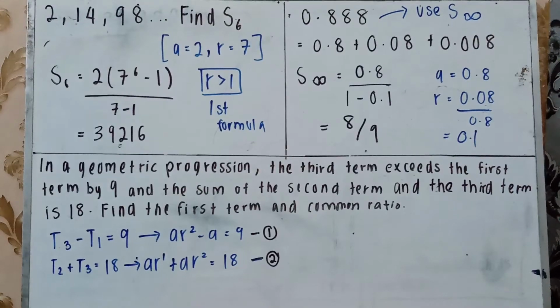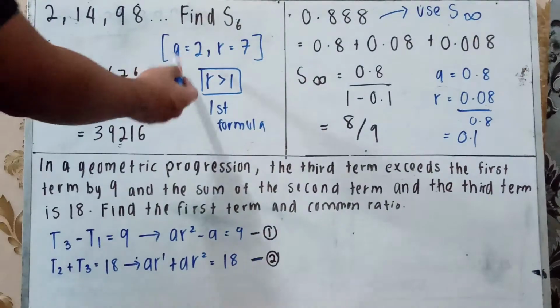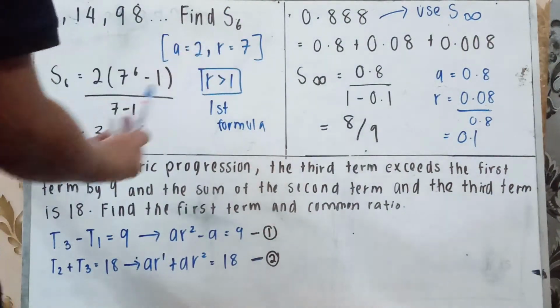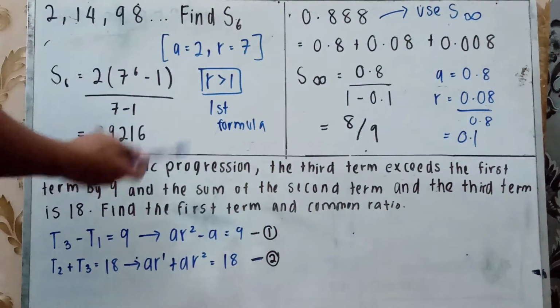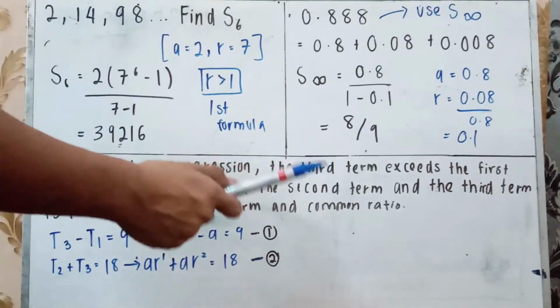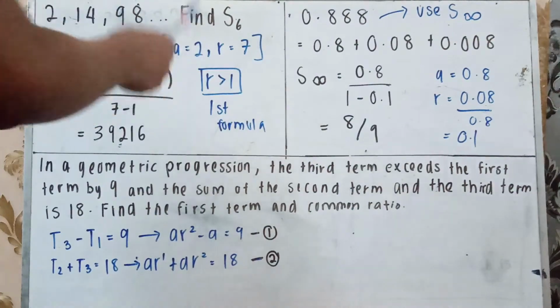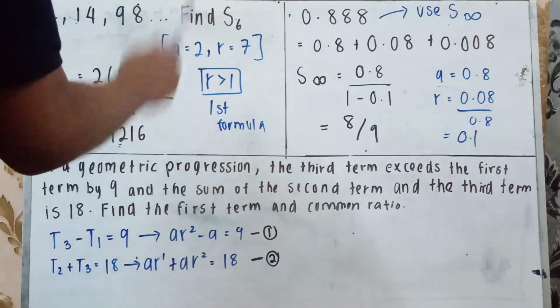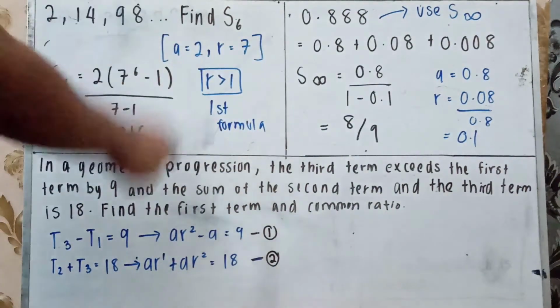Okay, for a better understanding, let's do some exercises. This question asks us to find the sum of the first 6 terms. Just like I told you just now, there are two formulas, and it depends on whether your R is more than 1 or less than 1.